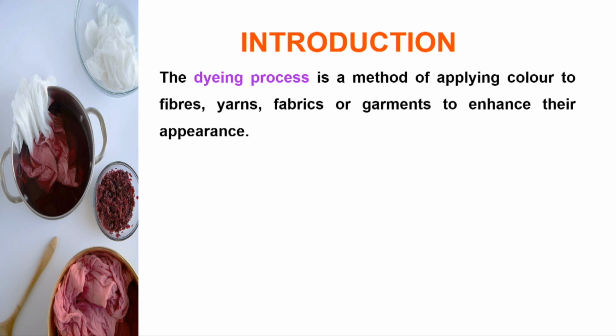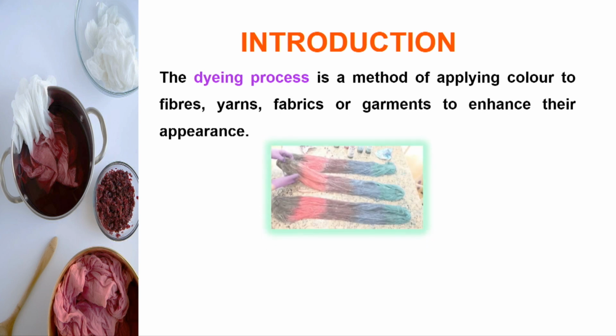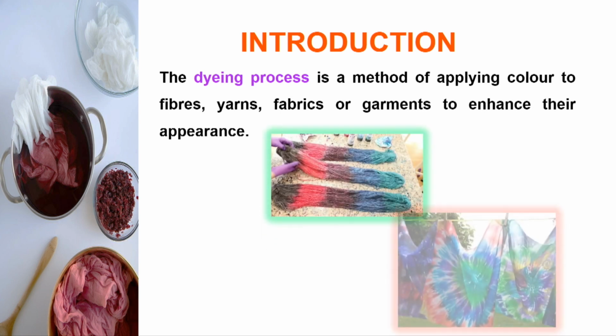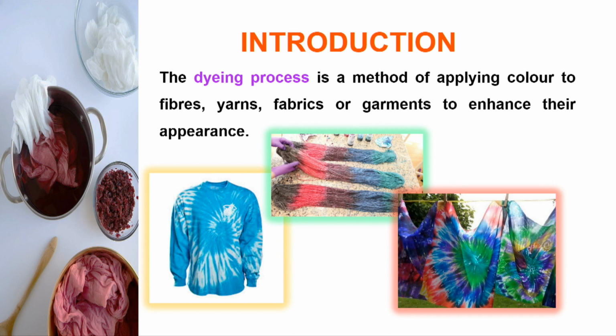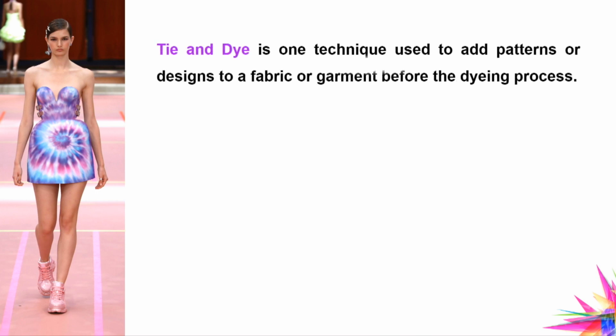The dyeing process is a method of applying color to fibers, yarns, fabrics, or garments to enhance their appearance. Tie and dye is one technique used to add patterns or designs to a fabric or garment before the dyeing process.